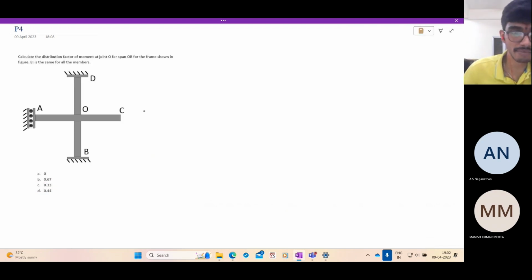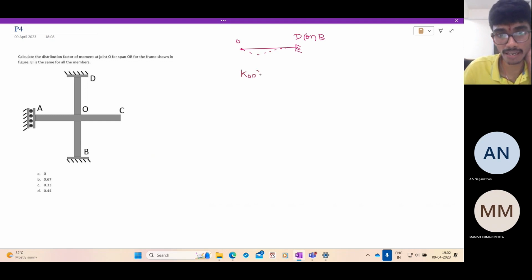Now this is a different frame. So again, look at each of the members individually. They're asking to find the distribution factor for the beam OB at the joint O. So as usual, for OD and OB, they are like this. This is O, this is D or B. So this deforms this way. So we have the usual slope deflection equation.